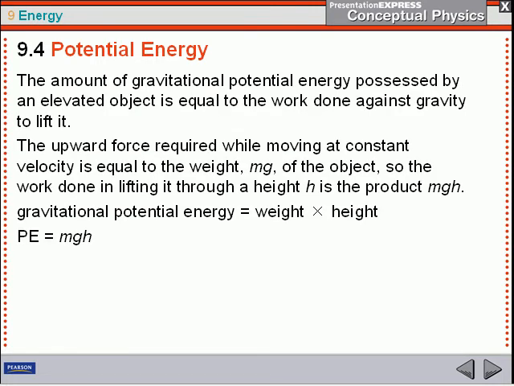To find the amount of gravitational potential energy, it's a rather simple formula. It's going to be the weight times the height of the object. And we all know that weight is a product of mass times gravity. So potential energy can be mass times gravity, which is weight, times the height that object is elevated.